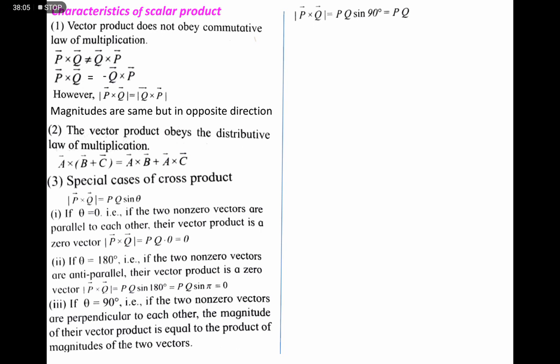Here we have to keep in mind that the cross product of two perpendicular vectors is not 0.